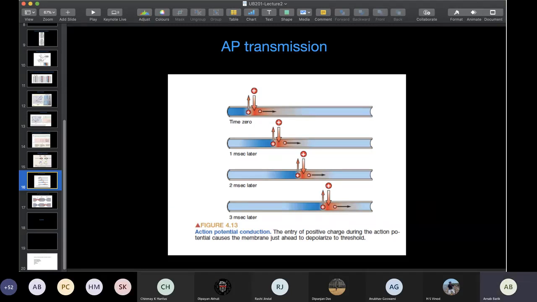But the gap between two consecutive action potentials will depend on the amount of current injected, because the current is changing the difference in potential. The more rapidly it's changing, the more rapidly the action potentials happen. Yeah, thank you.